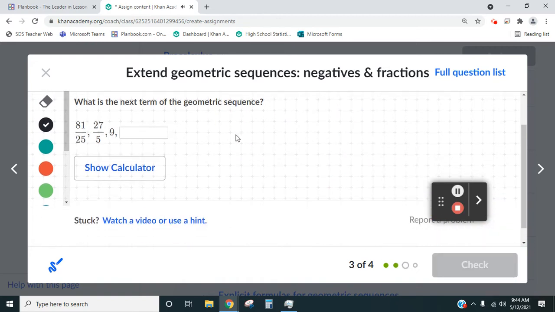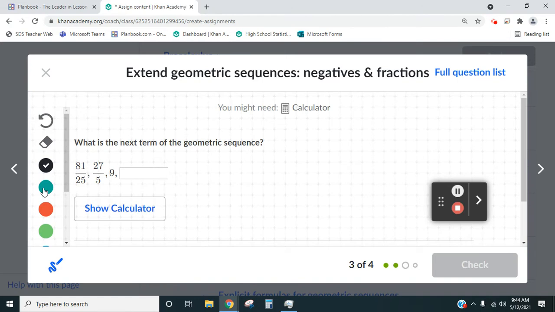How about this one? Fractions again. Let's figure out what they're multiplying by. So write this one down, please. You can take 9 divided by, whoa, that's terrible, 27 over 5. Ugh.